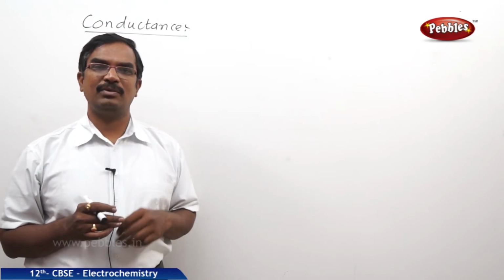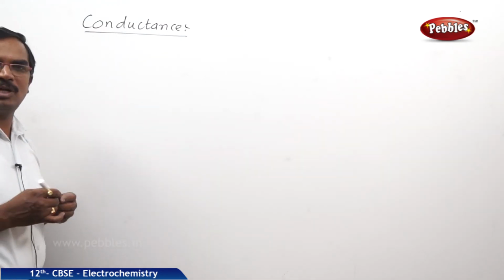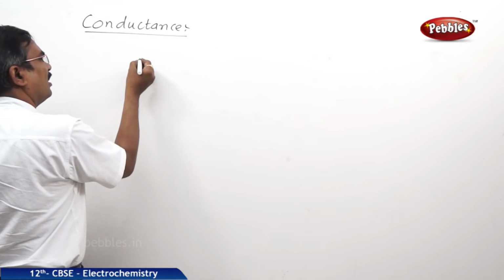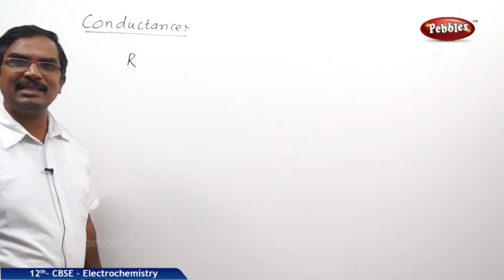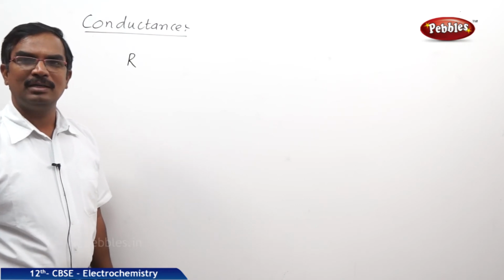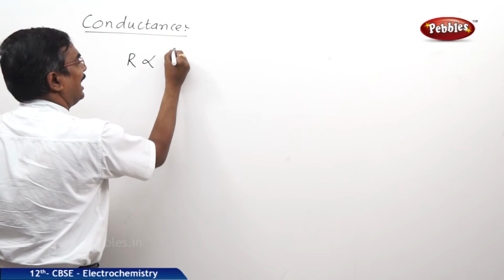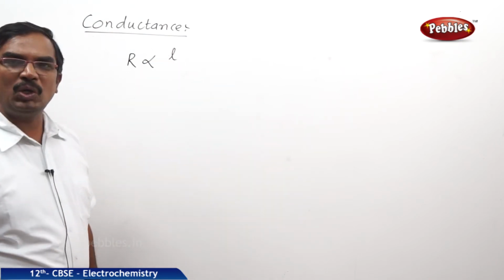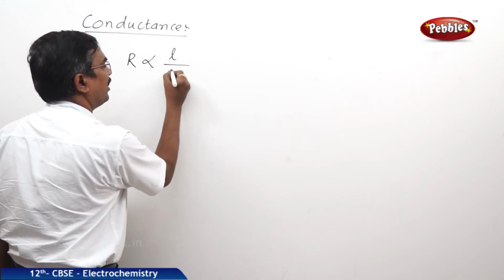Before we go into this, let us discuss other aspects also. Here, according to Ohm's law, if I take the resistance as R, the resistance is proportional to the length of the solution and also the cross-sectional area.